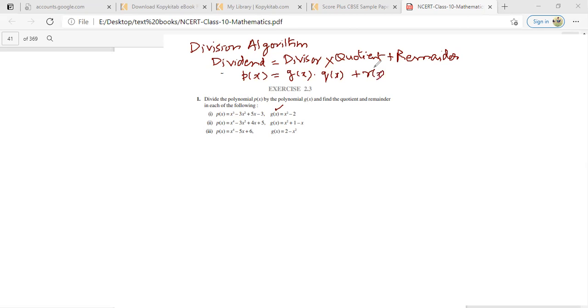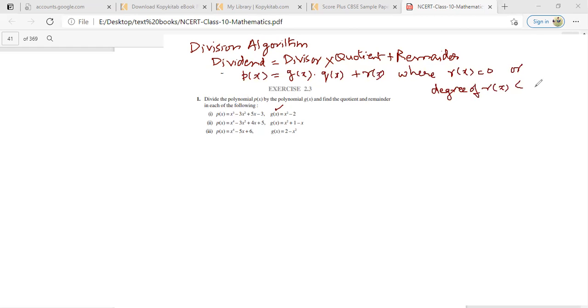But here there is a condition: either Rx should be 0, remainder should be 0, or the degree of Rx, degree meaning highest power.